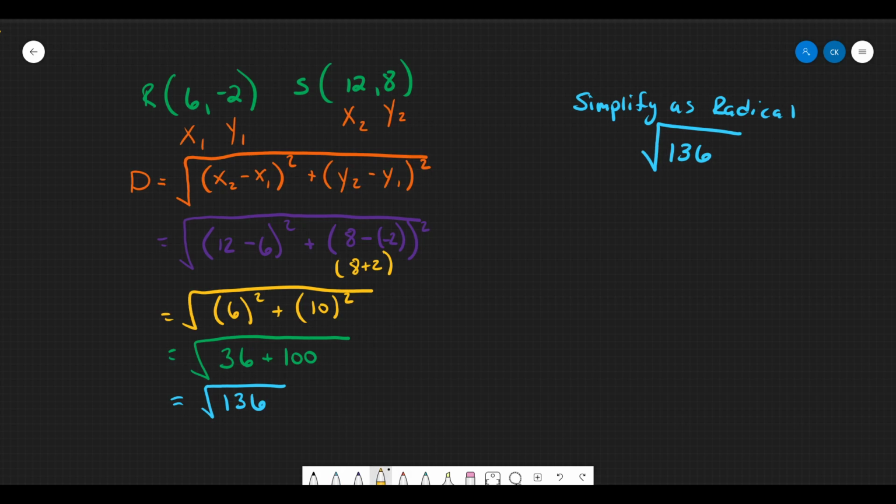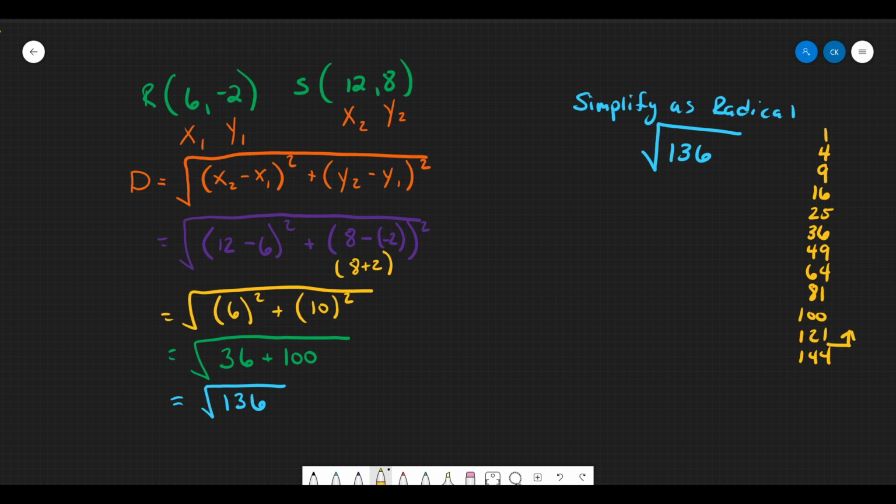So again, we go to our perfect squares. Alright, we can stop there because 136 falls right here.